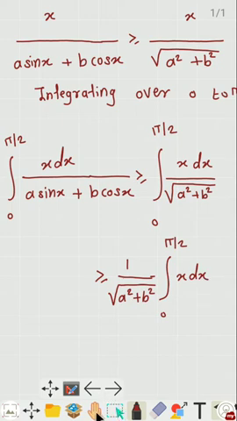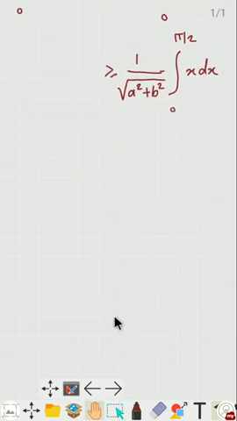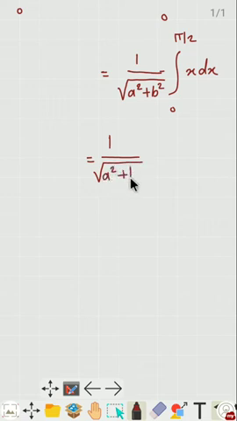Okay, again we write, see here, this step is not less than or equal, this step is equal to the above step, and again we write is equal to 1 divided by square root of a square plus b square.